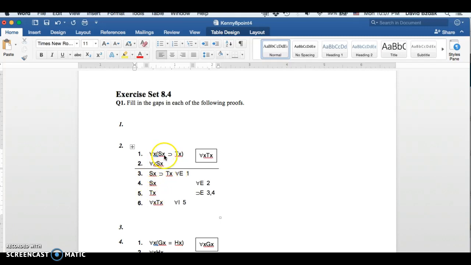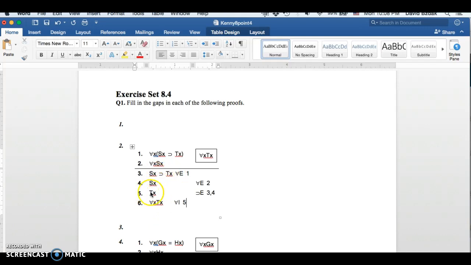If we decide to exchange for the letter B, we'd get SB conditional TB, SB, TB. So no matter what letter we put in here, the same exact steps follow. And what that shows is that for any letter, or put it another way, for all letters, this derivation is valid, so it ends up proving that everything is a T.